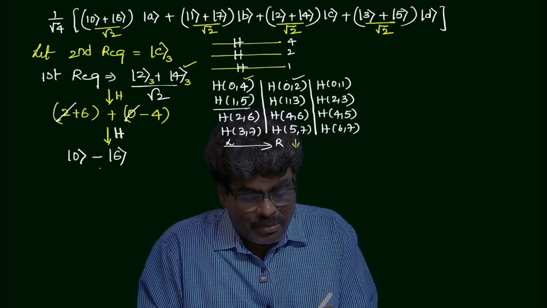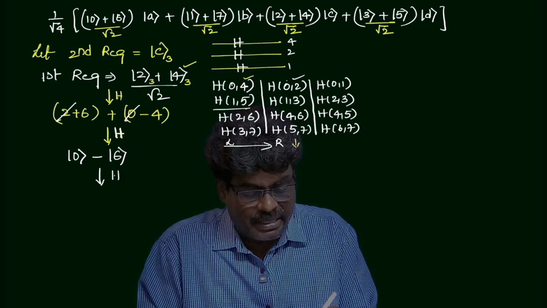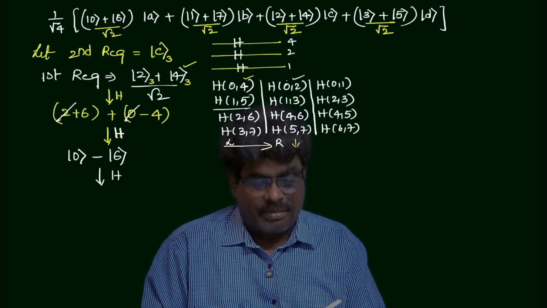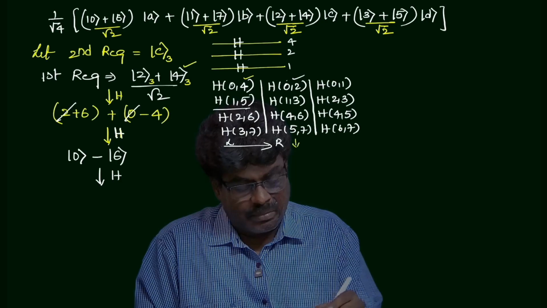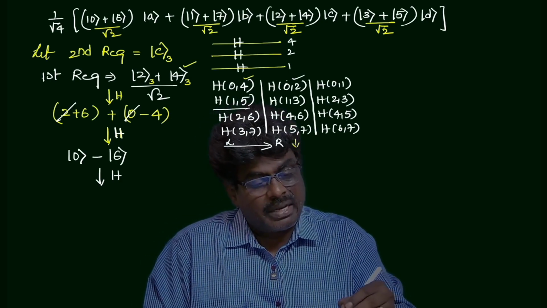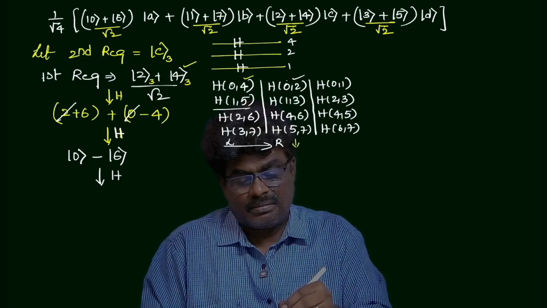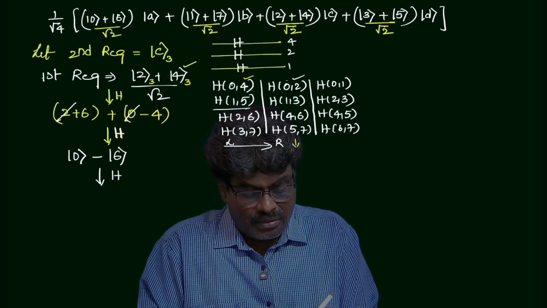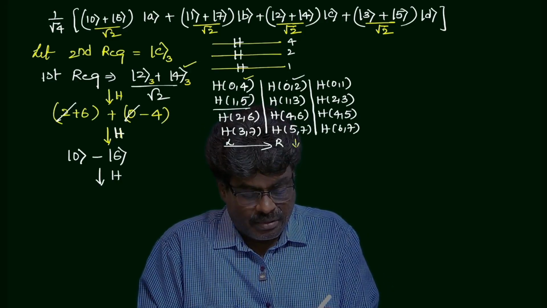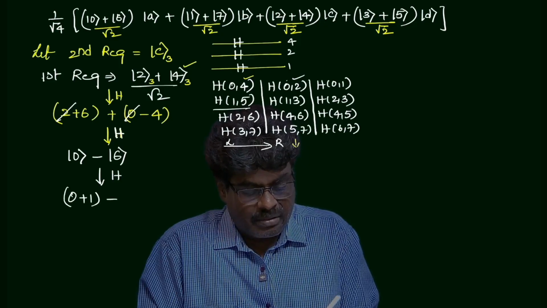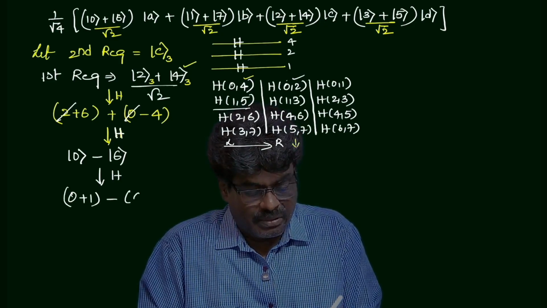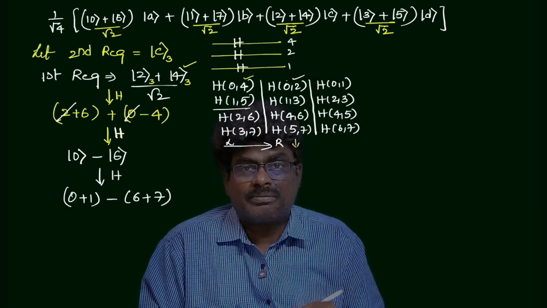Next one more Hadamard is there, still not completed. So next Hadamard, this last one. So we have 0, which gives 0 plus 1 minus 6, that gives 6 plus 7.